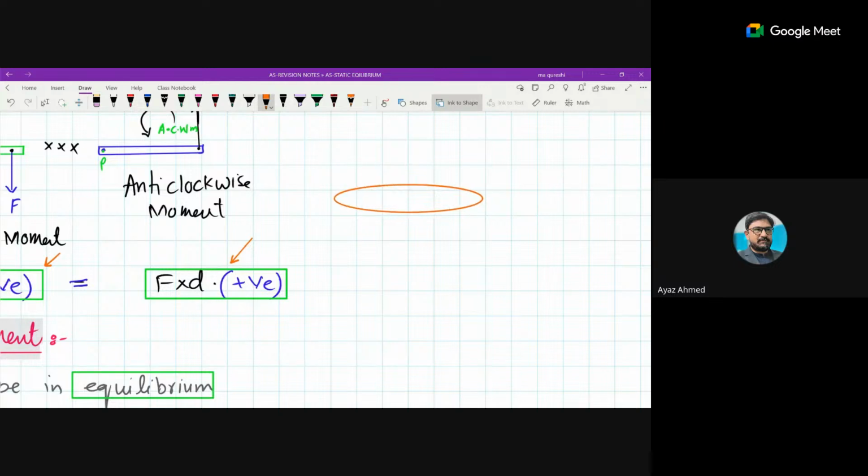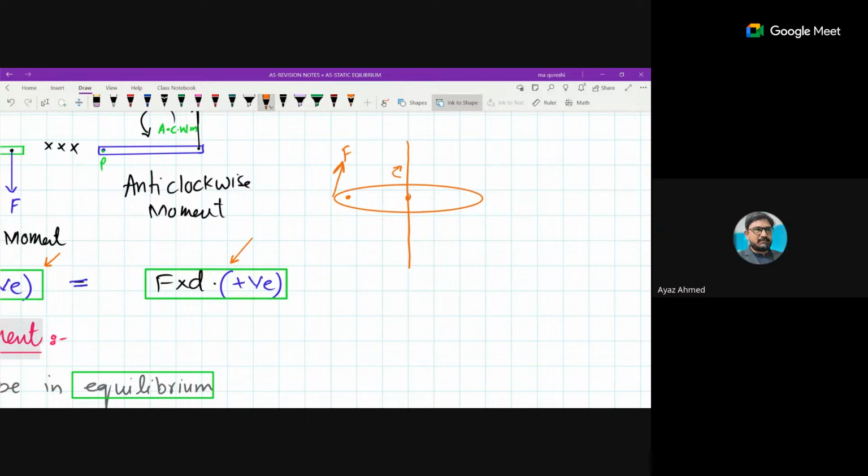For example, if there is a body and you are going to rotate it about the axis of rotation, let's say here is the axis of rotation, and that body is rotating in this way, it means you are applying the force here. This is the force, and this is the axis of rotation.